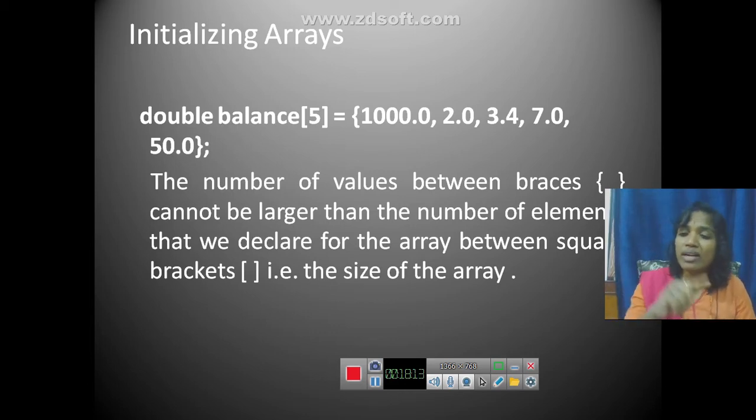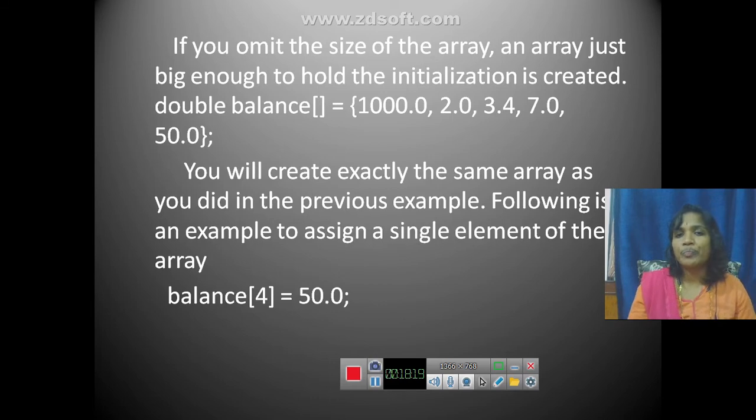This is one way of initializing an array. We have another way using a for loop, which I will explain later. So this is another example. If you have not declared any size to the compiler, you can have any number of values in your array. If you omit the size of the array, an array just big enough to hold the initialization is created.